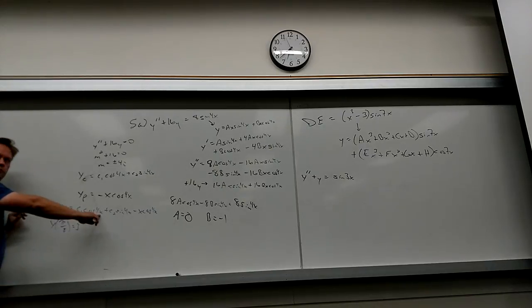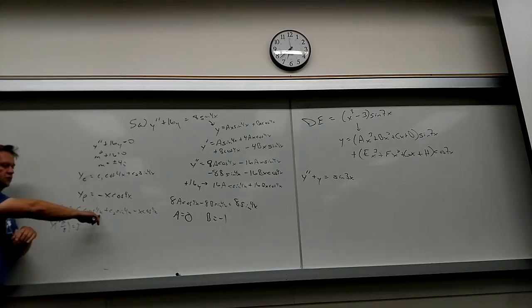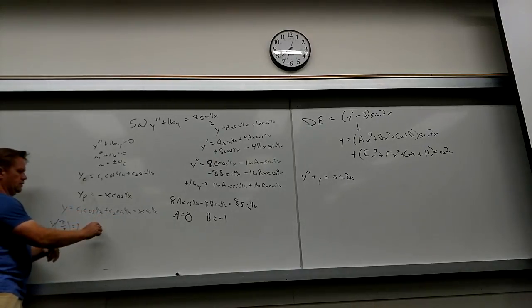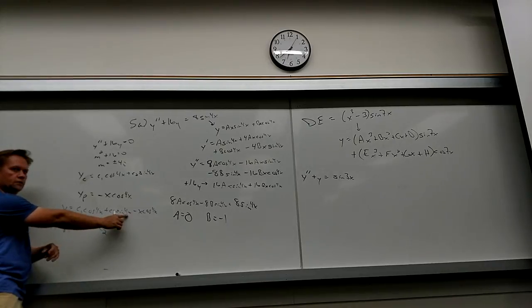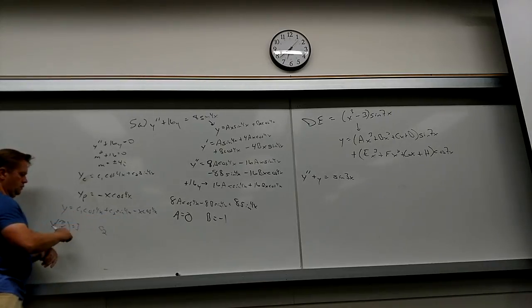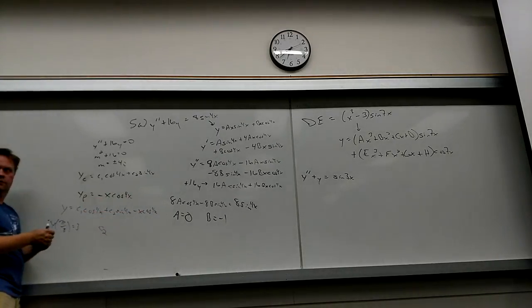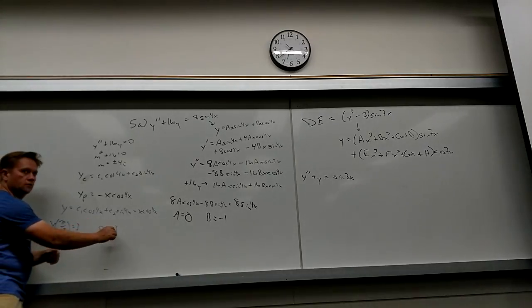You get 4 pi over 8, pi over 2. Cosine of pi over 2 is 0. So you get C2, because sine pi over 2 is 1. Minus pi over 8 times cosine pi over 2, that's gone. Isn't that sine 4x? Totally. So 4 times pi over 8 is pi over 2. Gotcha. Is that cool so far? So C2 has to equal 3.